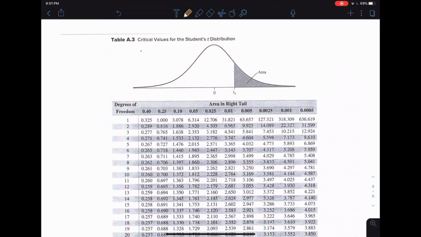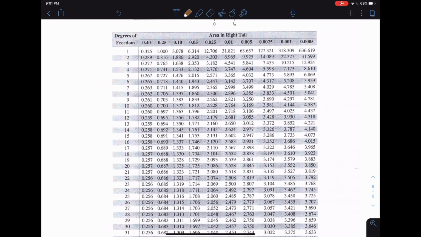Degrees of freedom is 27 right here, and the area in the right tail is 0.025. Let's go down to this intersection point, and the t-value is 2.052.